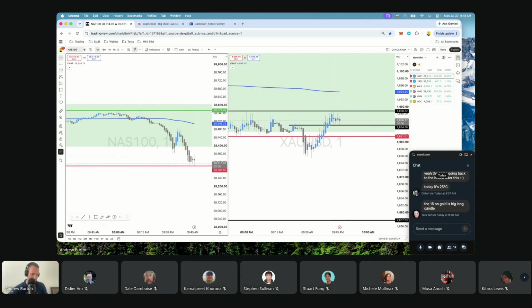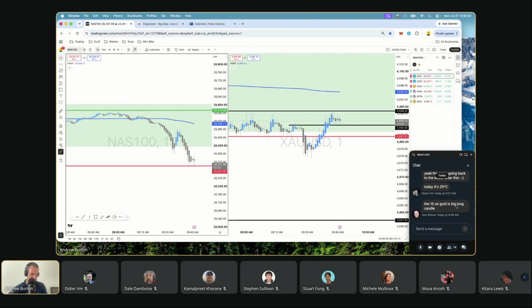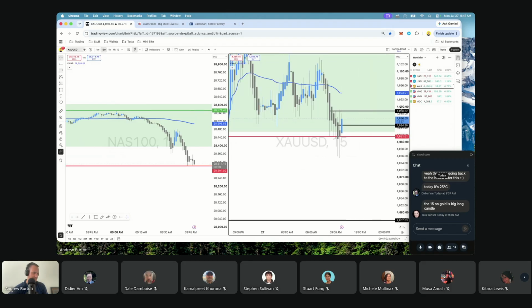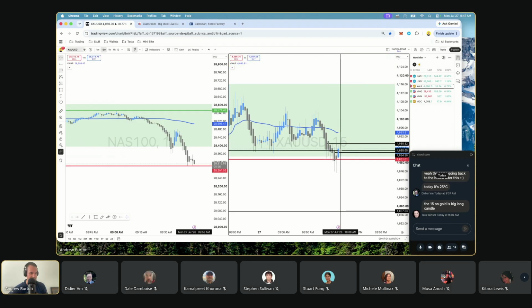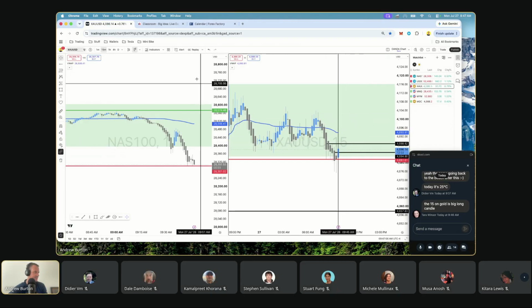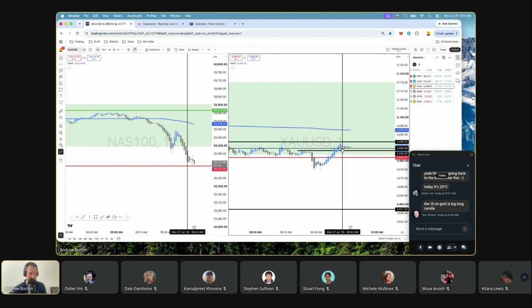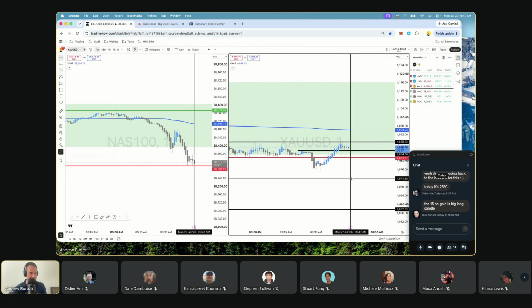The 15 on gold is a big long candle. Yeah, that's like a reversal pattern. That's why I'm saying on the 1 minute chart, it's telling us not to trade right now. It was giving us signs we wanted to do a short.